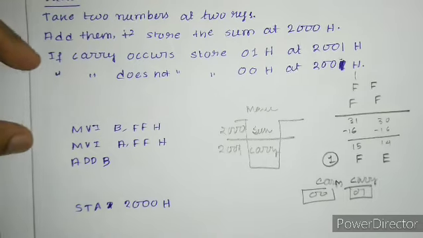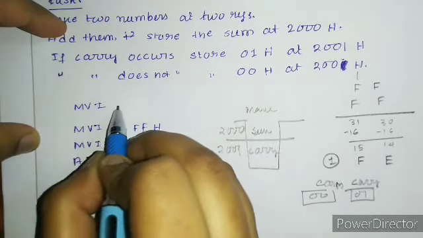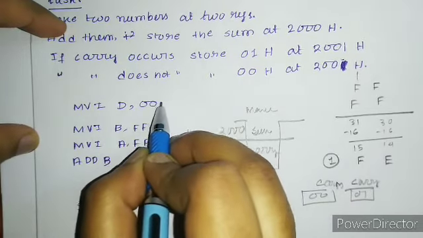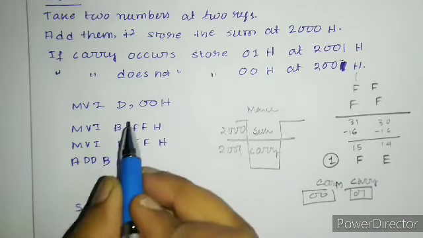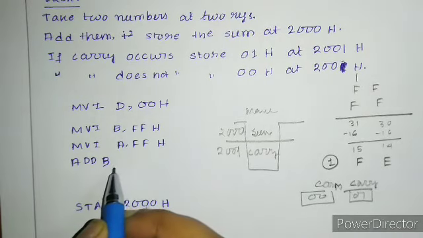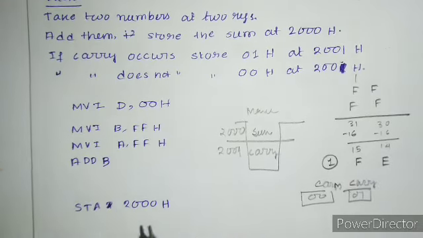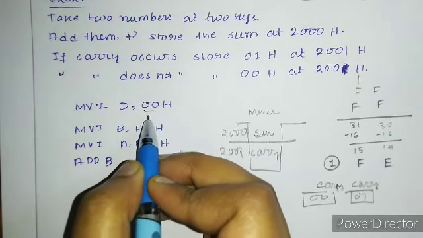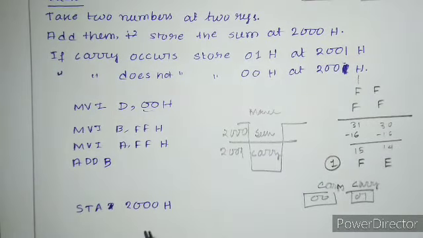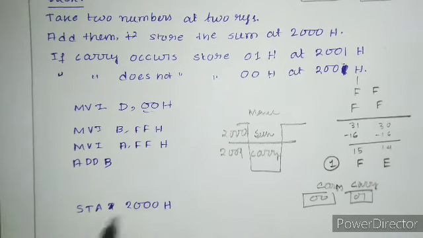Let's say I've taken 00 in a separate register, MVI D, 00H. Now I will add, and if carry occurs, then first increment the 00 to 01 and store the result at 2001H. If it doesn't, then just store it the way it is.